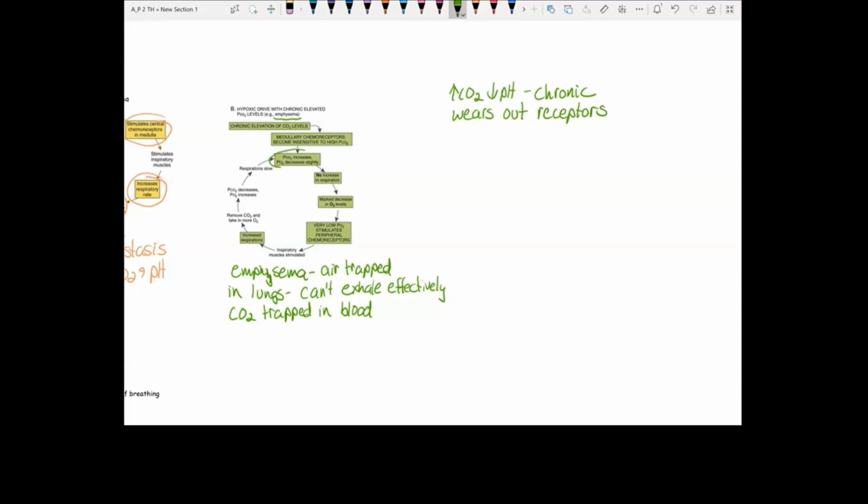So you can see here, you have high carbon dioxide, but you get no increase in respiration. Because these receptors are worn out, your CO2 and pH levels no longer stimulate your medulla oblongata to increase your breathing.